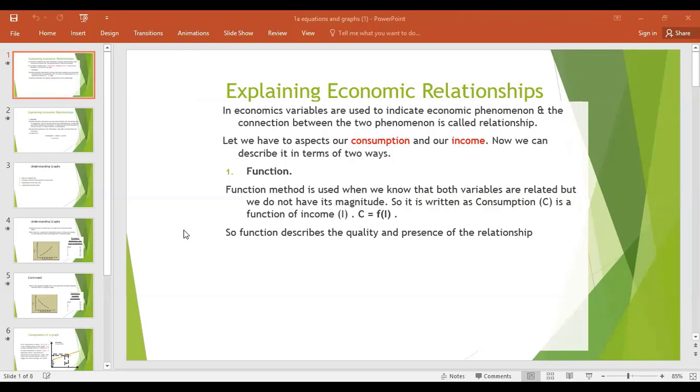So customer loyalty is a function of customer service, but we don't know how much customer service should be there to increase the customer loyalty. The exact number is not measured yet, but literature or common sense or past experience tells us that if you give good service, they will come back. Clear?